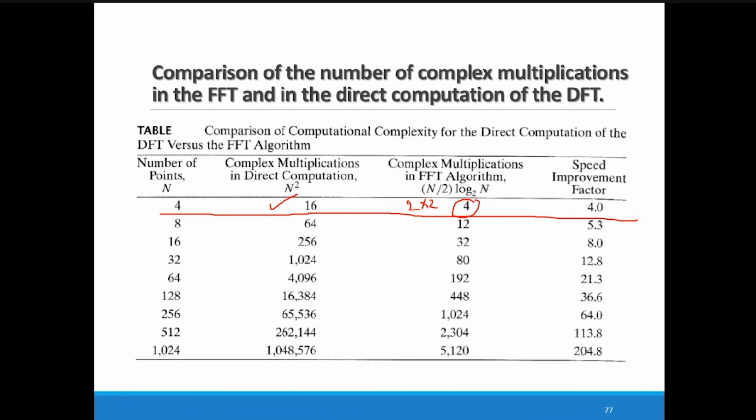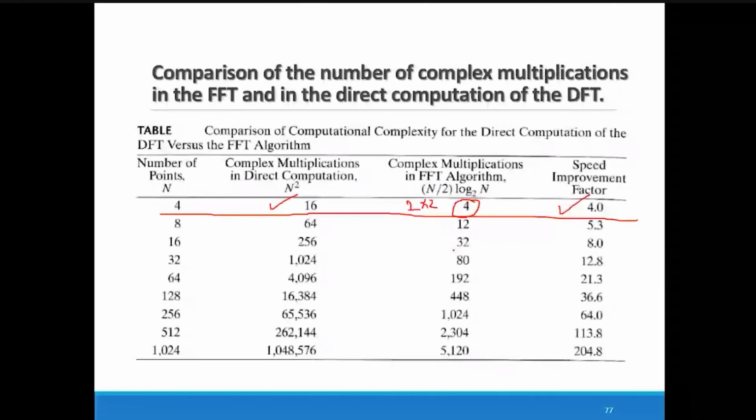So the total number of multiplications you require is 4. As your complex multiplications are reduced, your system becomes faster compared to the previous one. So here 16 divided by 4, you can say your speed improvement is by a factor of 4.